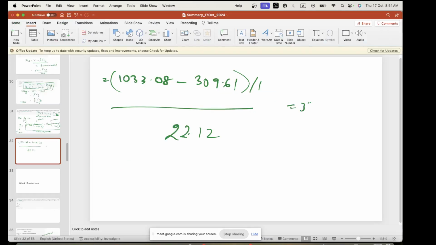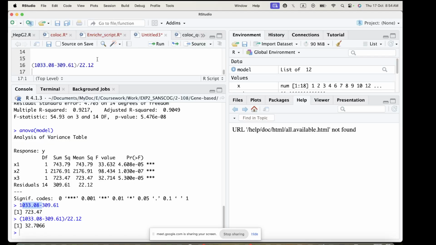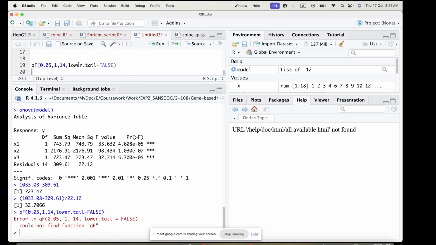So this is 32.7, and in order to find the critical value, we should write qf. Degrees of freedom is 1 and 14, and this is 0.05, and lower.tail should be false.